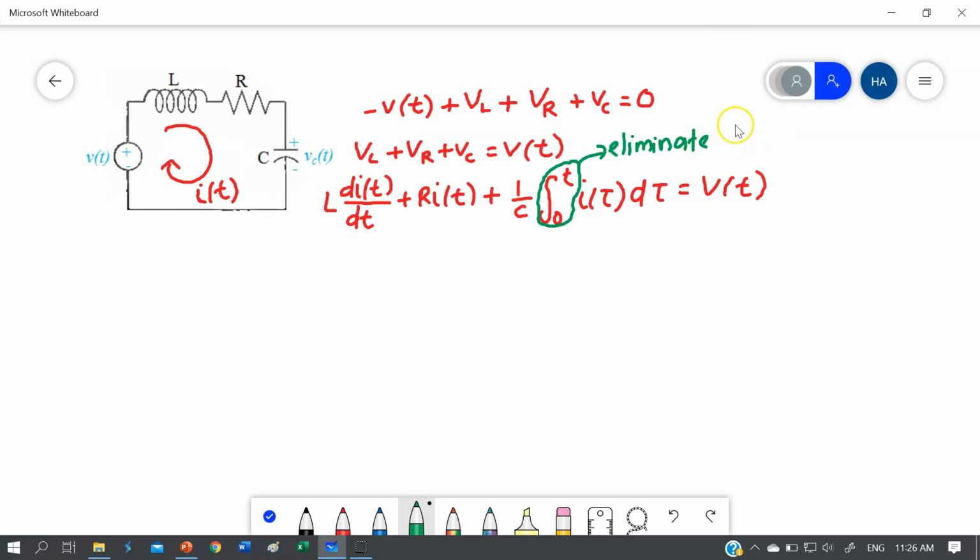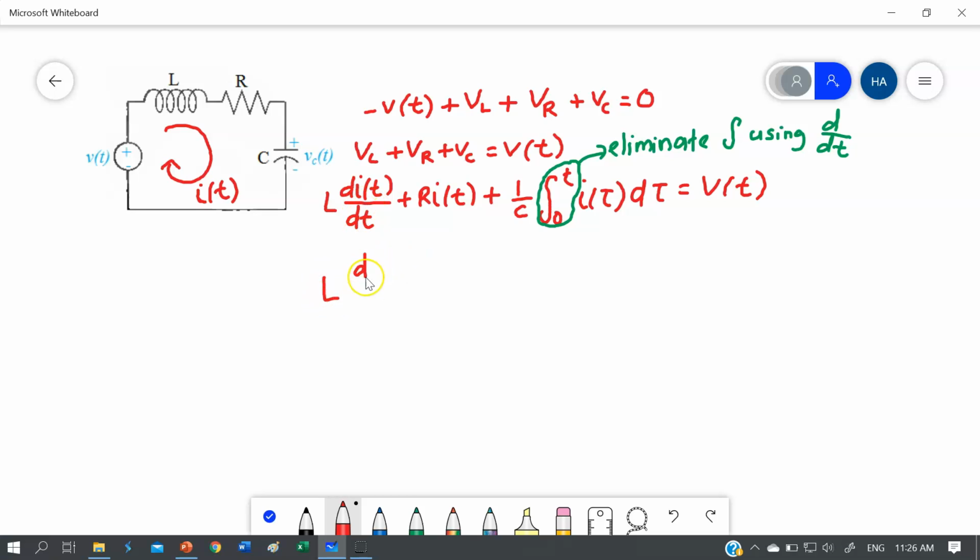We eliminate the integration using differentiation, d over dt. So we have to differentiate the whole equation. If we do that, this one will be a second order derivative because now we have a first order derivative.